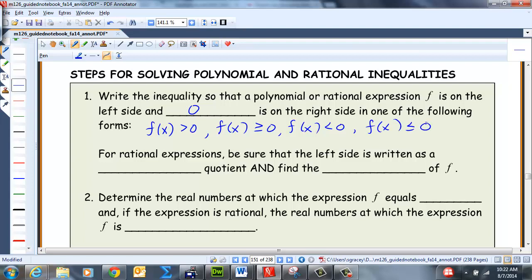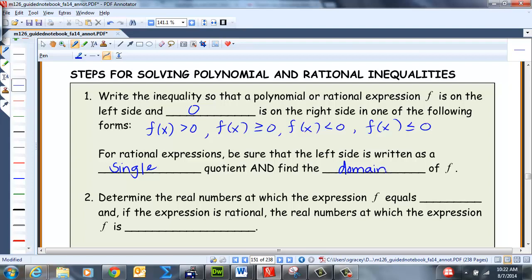Now, for rational expressions, you have to make sure, after you do all this work and find the result, you need to exclude whatever zeroes out the denominator. All right, so the easiest way to figure all that out is to get a single quotient, so one happy fraction on one side of the inequality and 0 on the other, and then find out what the domain of f is.